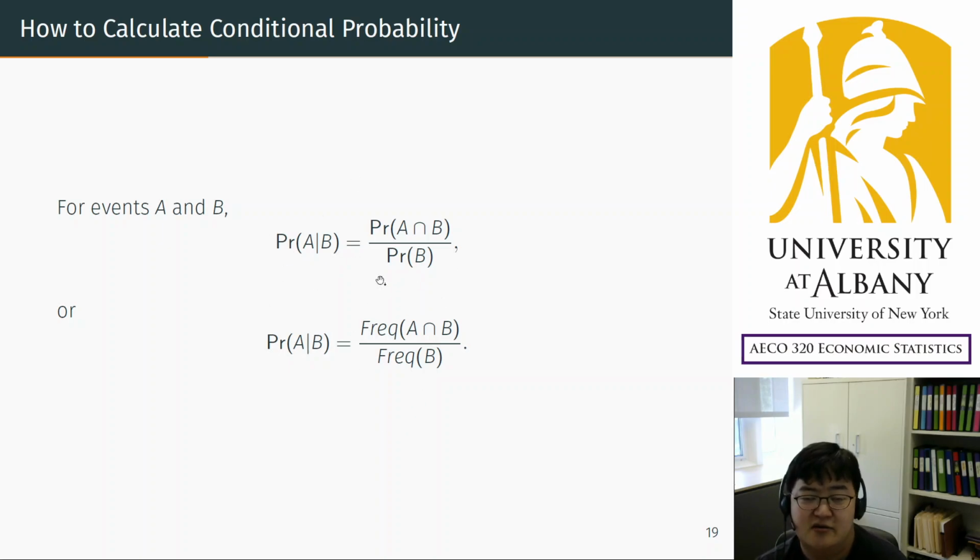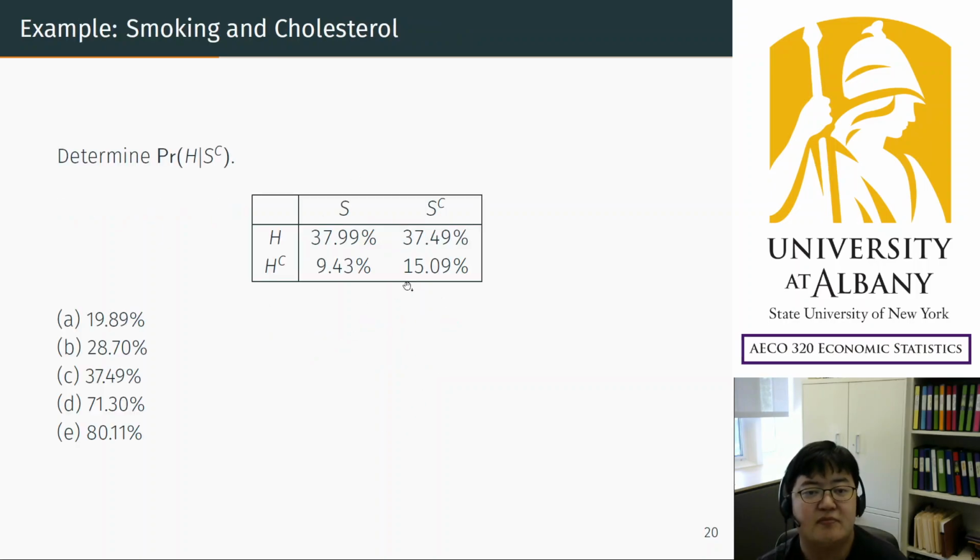So same idea, exactly the same thing. Now it's your turn. So try to calculate now the conditional probability of high cholesterol given that a person has never smoked. So do it. Stop the video now and resume when you finish your work.